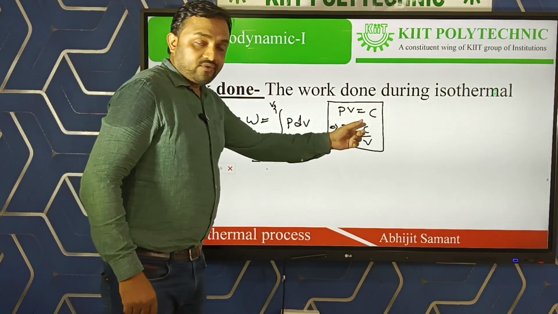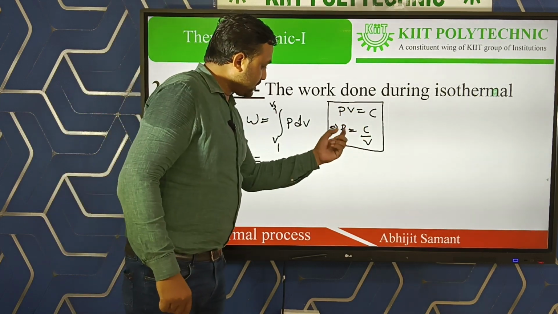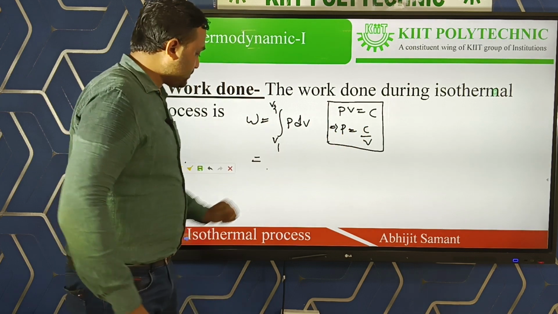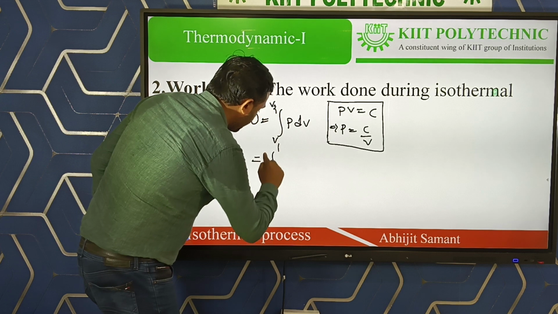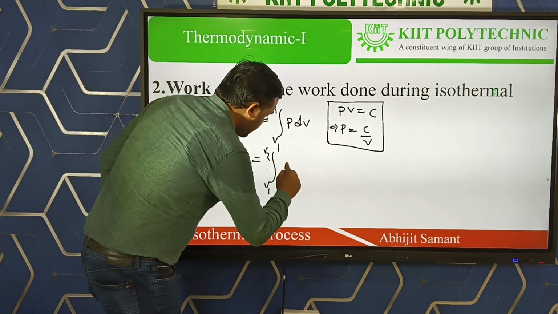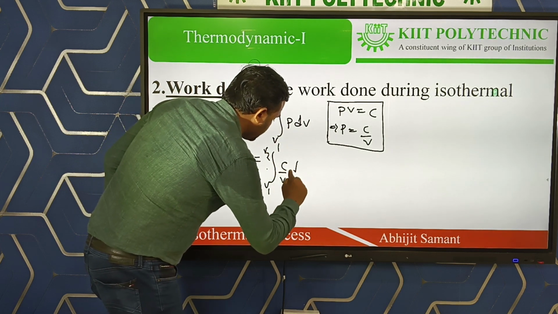So we put P equal to C by V in the integral from V1 to V2 of C by V dV.